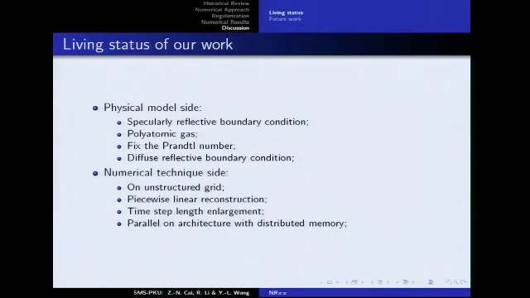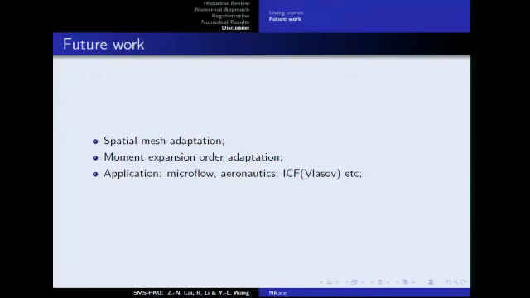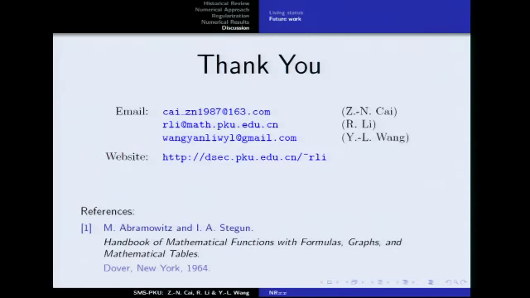For the numeric techniques, the method should be extended for unstructured grid and piecewise linear reconstruction, and time-step refinement to improve the numerical accuracy order, and at last we need parallel computation. And so let me stop here. Thank you very much.